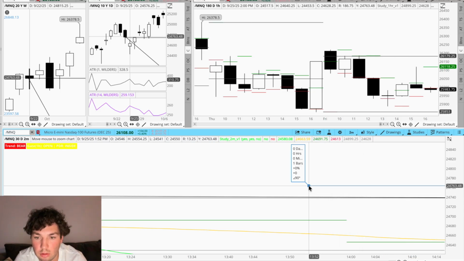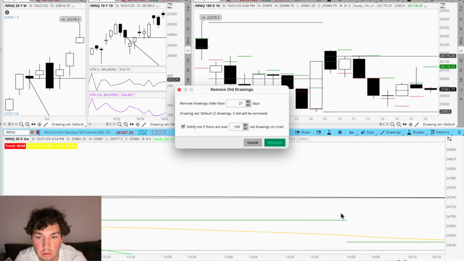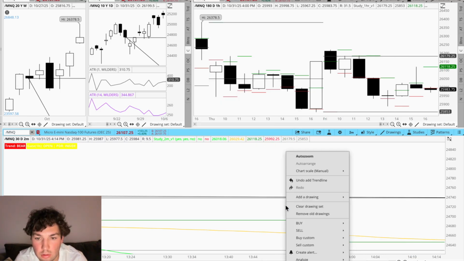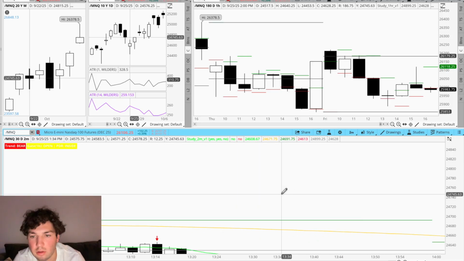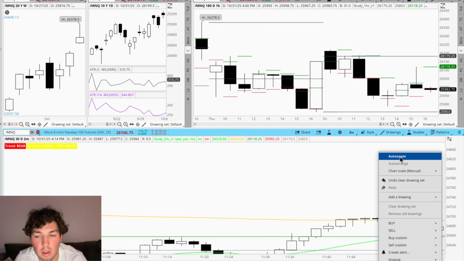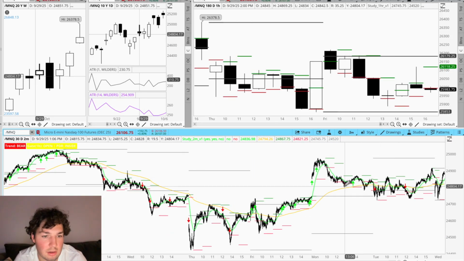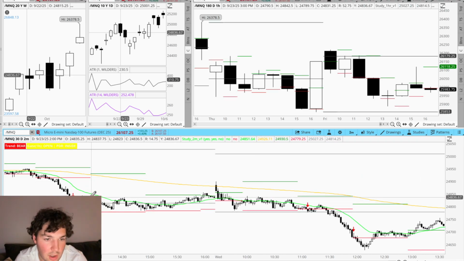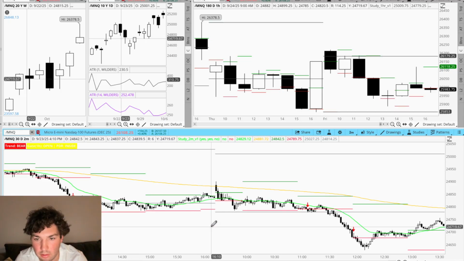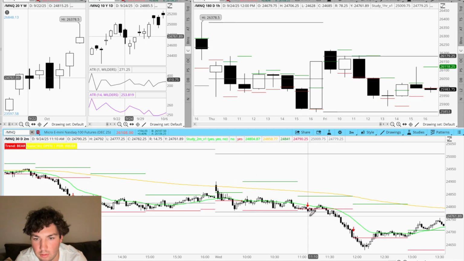So remove our clear drawing set. So all the drawings are gone. We'll auto zoom. And look, I can just pick a random day and show you what happens. Here, on this arrow, wouldn't have gotten filled. This arrow here wouldn't have gotten filled.